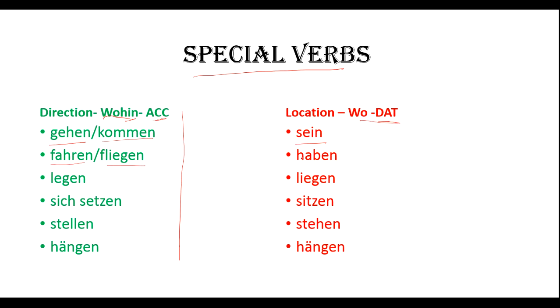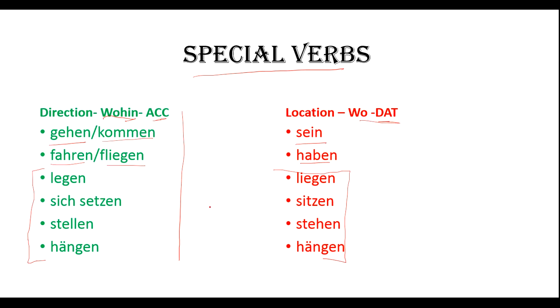Sein, the place where exactly you are, like ich war beim Arzt. Haben, what exactly you have. And these four verb pairs have different meanings according to the situation. I'll explain with examples: liegen, legen, sitzen, setzen, stellen, stehen, hängen, hängen.